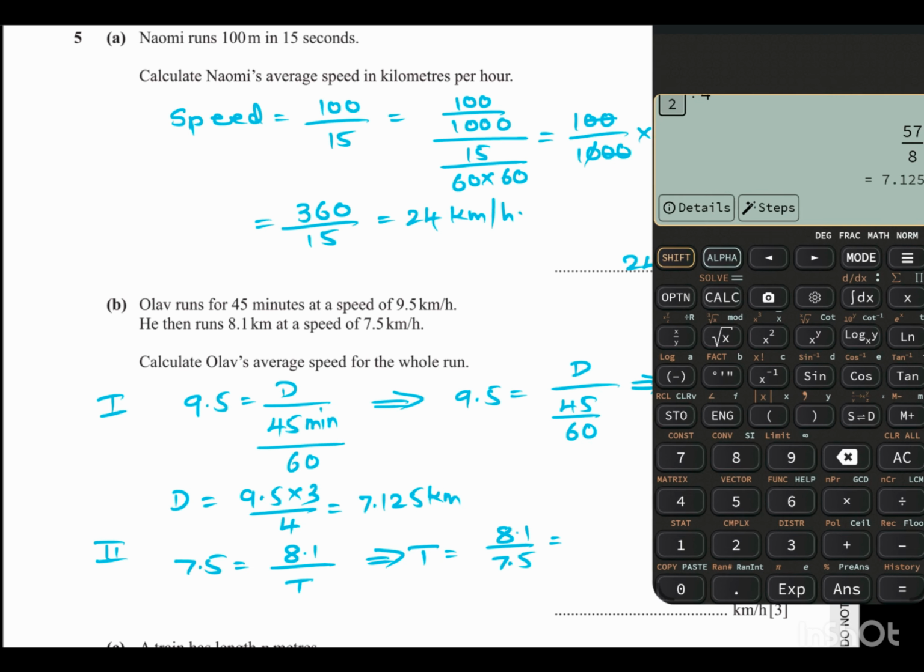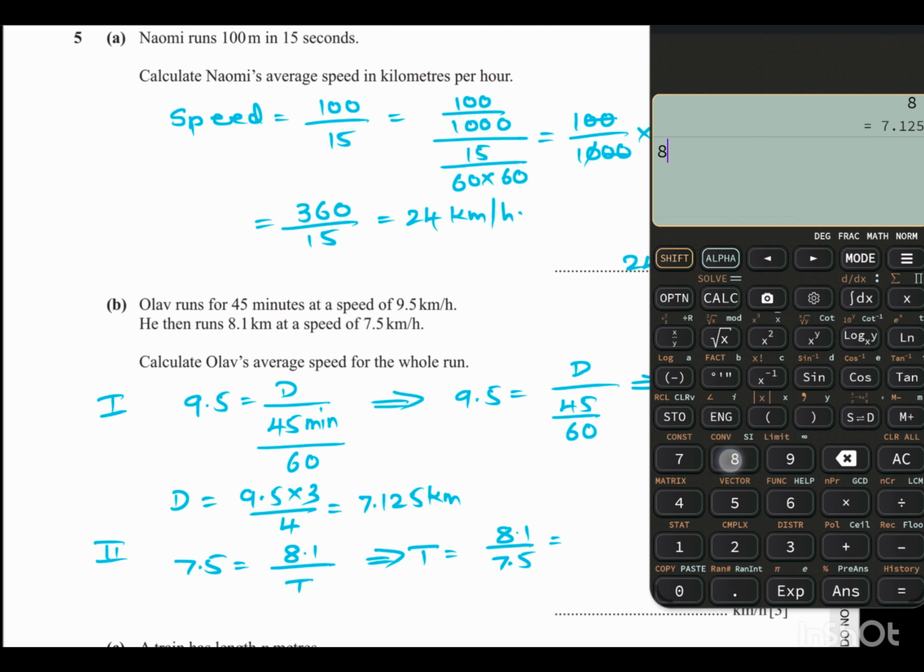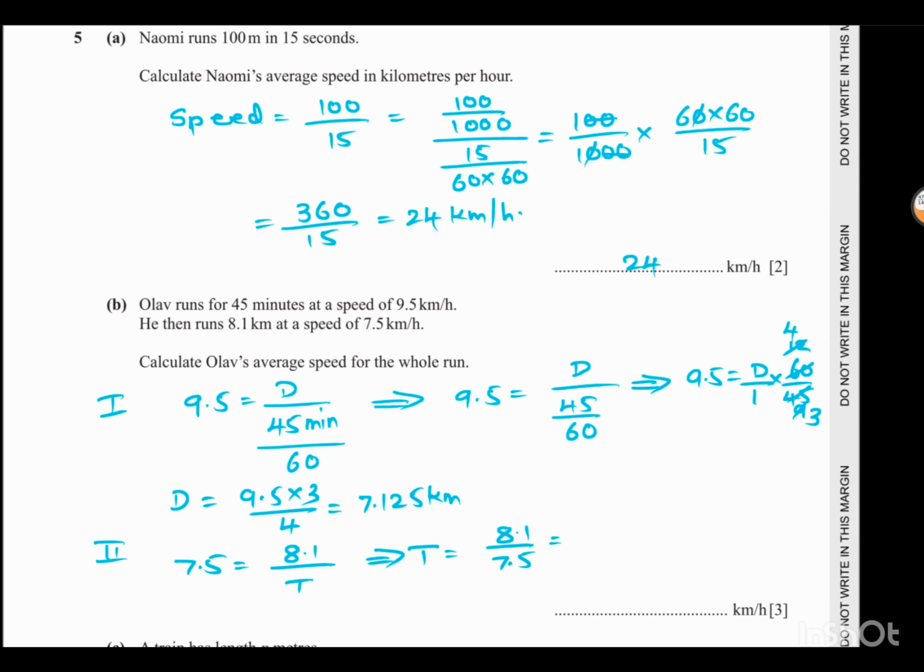So 8.1 divided by 7.5 will be 1.08. 1.08 hours. And in the first case 45 minutes will be 0.75 hours.